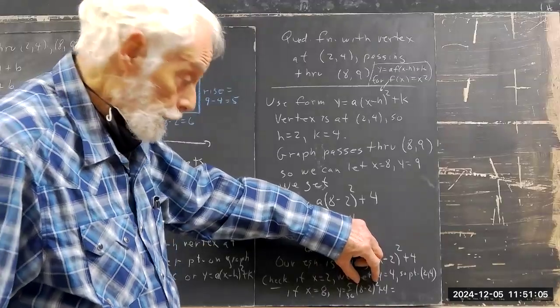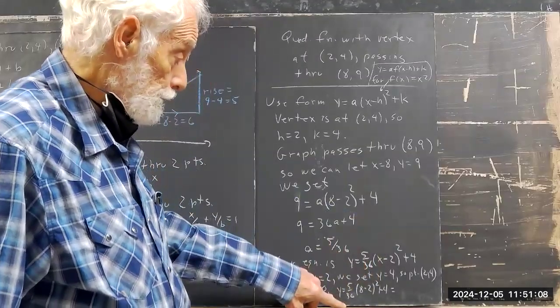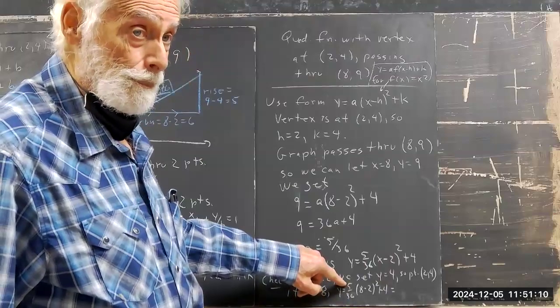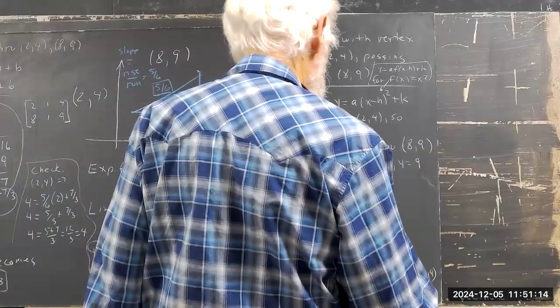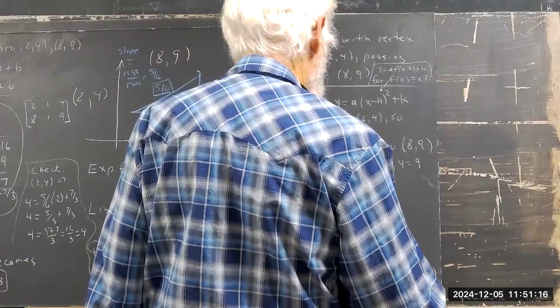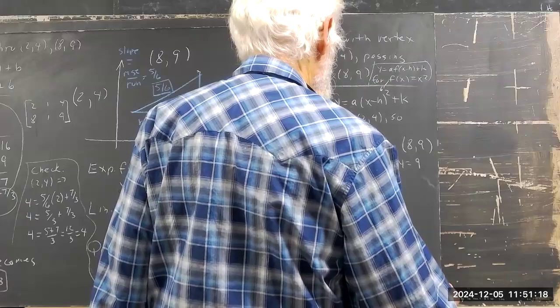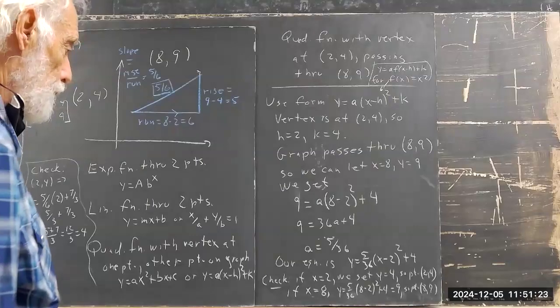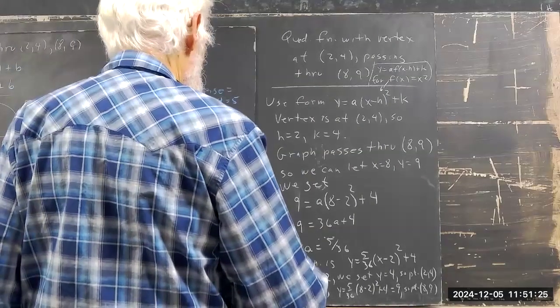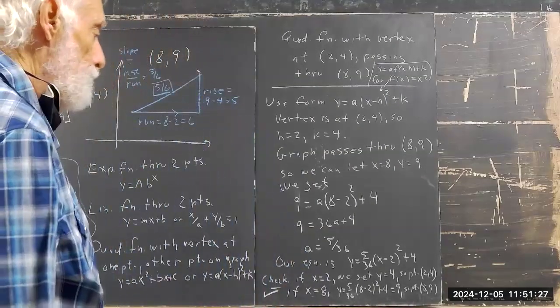Square that, we get 36. So we have 36 divided by 36, leaving us 5/36 times 36, which is 5. Add 4 to that, and we get 9. So we do have the point (8, 9). It lies on the graph, and we can put a big check mark on it.